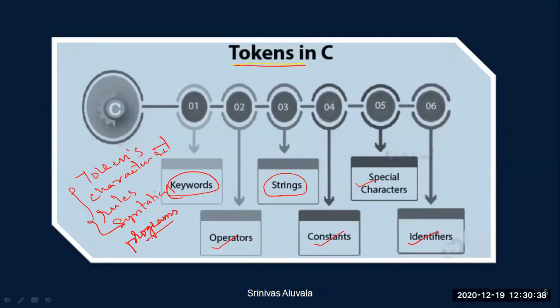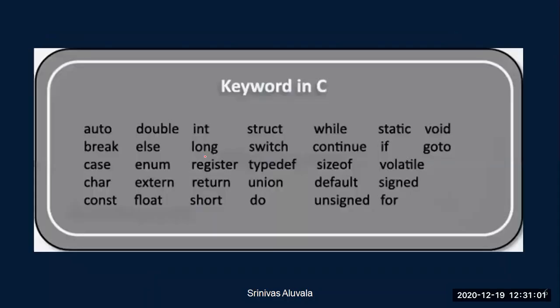That means programs are our instructions, and whatever we write is a collection of tokens, character set, and syntax. Making use of all of them, we write the program. So C tokens are of six types: keywords, operators, strings, special characters, constants, and identifiers. So moving ahead, what is a keyword?